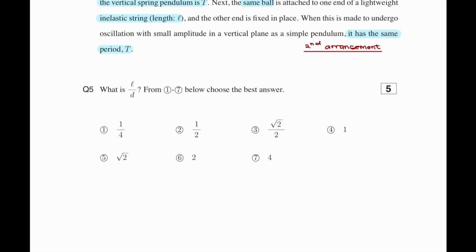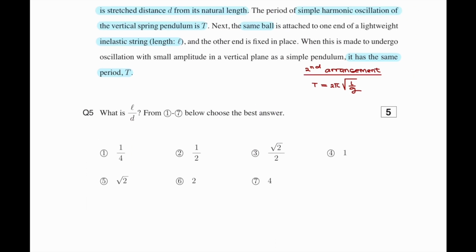The formula of the period of a simple pendulum is T equals 2 pi square root of L over g. L is the length of the pendulum.